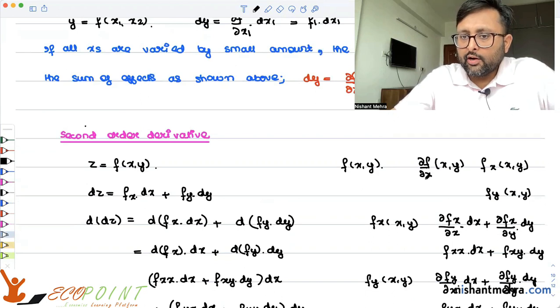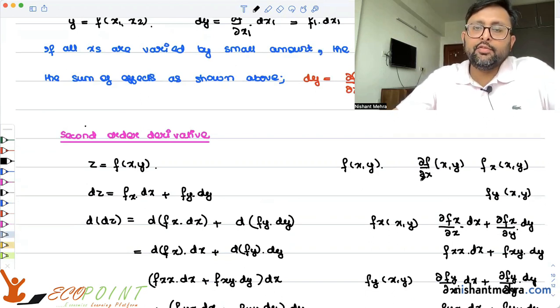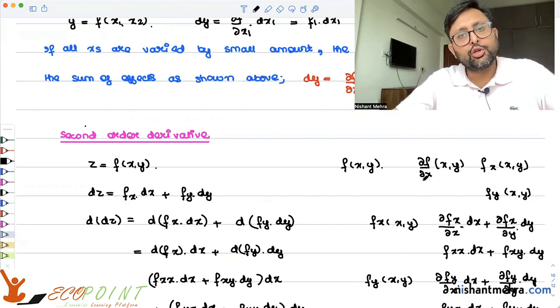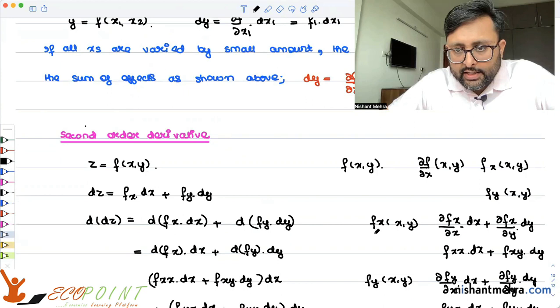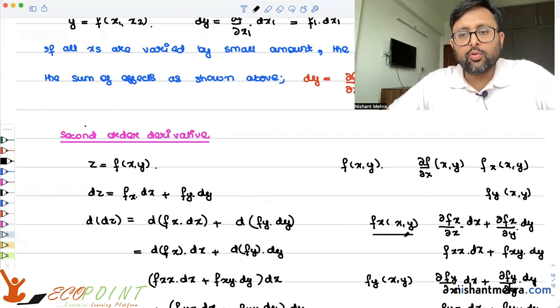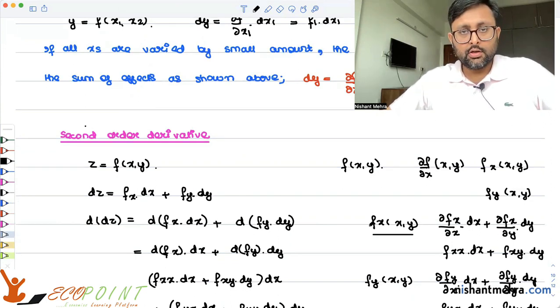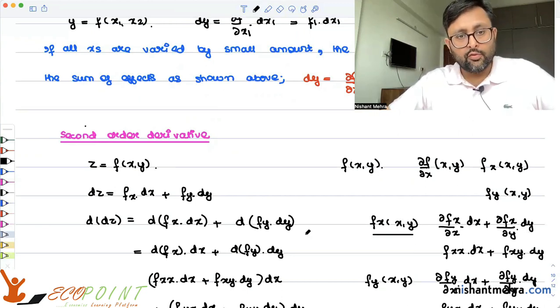That when you find out the partial derivative of f with respect to x, it is not necessarily a function of x only. It can be a function of y also. So you need to differentiate this fx with respect to x and with respect to y. So the partial derivative of x can change when x is changing and when y is changing.